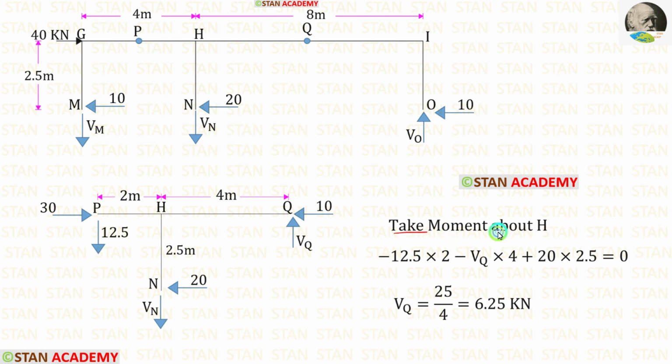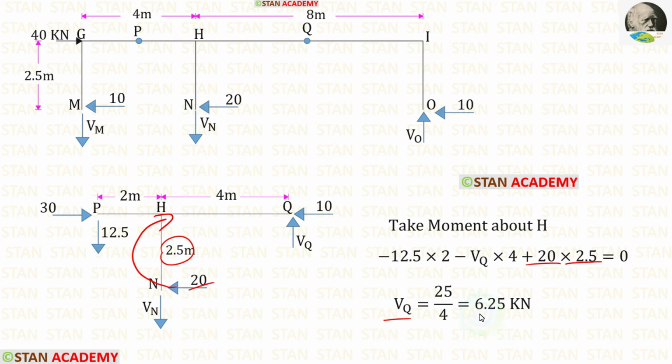Now, let us take moment about H and find VQ. This force is acting in the anti-clockwise direction, so it will be negative and the distance is 2. This force is acting in the anti-clockwise direction, so it will be negative and the distance is 4. This force is acting in the clockwise direction, so it will be positive and the distance is 2.5.